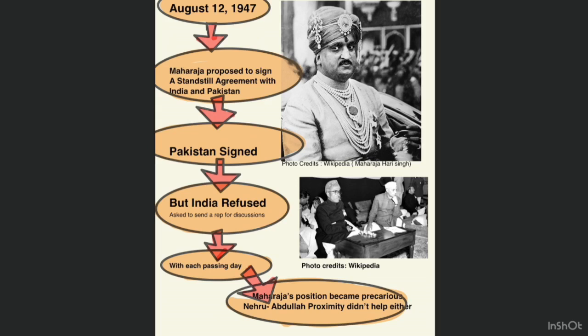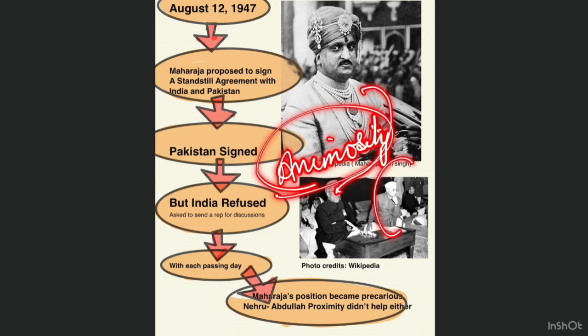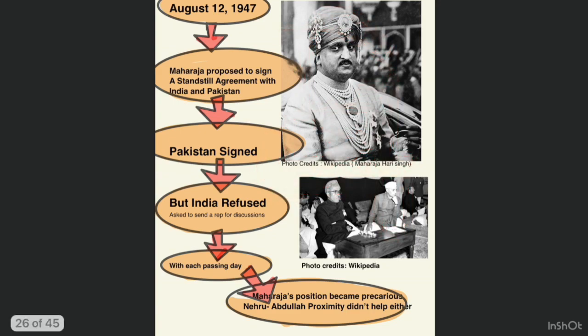Not only was Pandit Nehru's request denied by the Maharaja, but he was forced to move out. So that level of animosity also remained between Pandit Nehru and Maharaja Hari Singh.